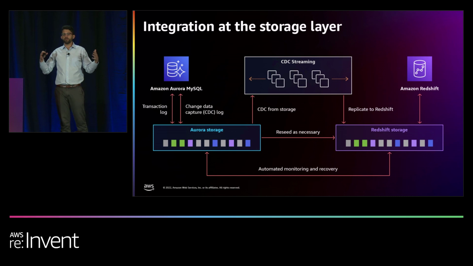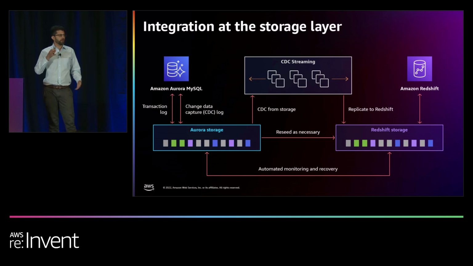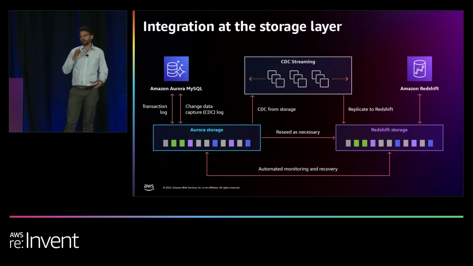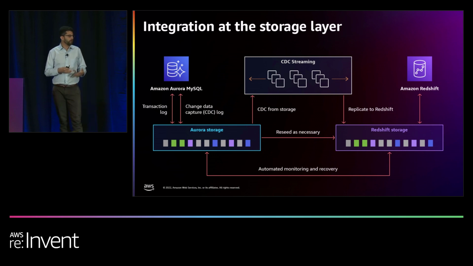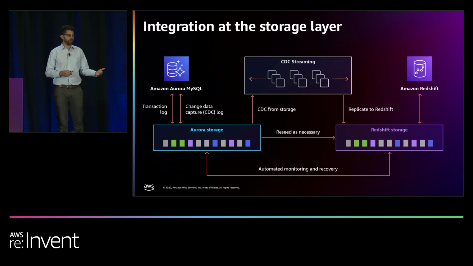And so, taken all together, when you create an integration, we turn on this enhanced streaming. We seed the data using a very efficient and fast cluster export mechanism. We start streaming the data changes from storage, so there's no impact to the writer instance.